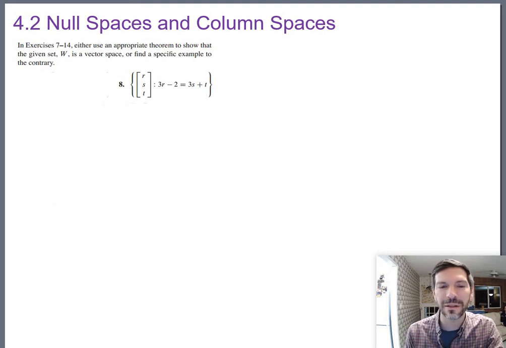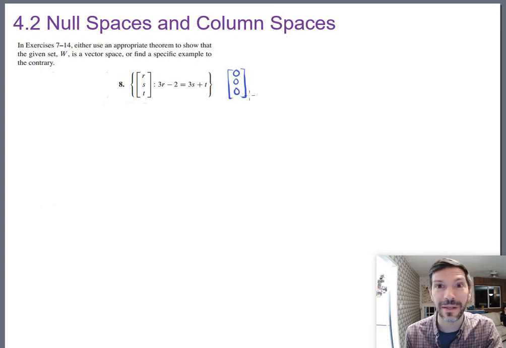But immediately, I'm thinking they've got such specific requirements on R, S, and T that there's one specific vector that has to be there to be a vector space, which is the 0 vector. So I'm just wondering if 0, 0, 0 is in that set. If it's not, boom, that's it.